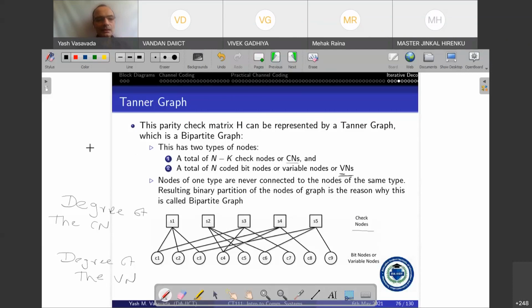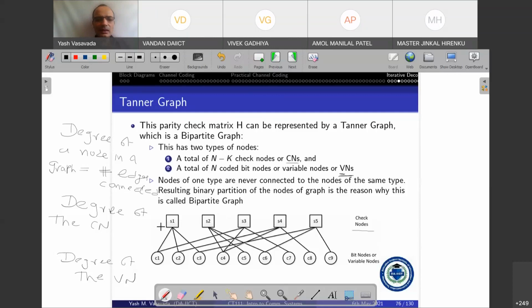And the degree of a node is very simple. The degree of a node in a graph is simply equal to the number of edges connected to it.